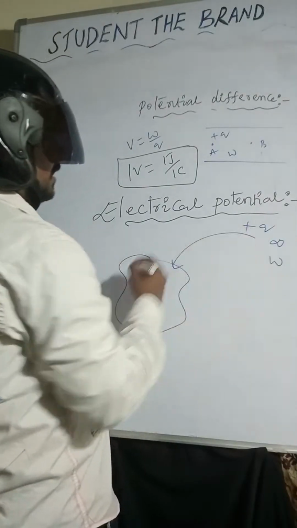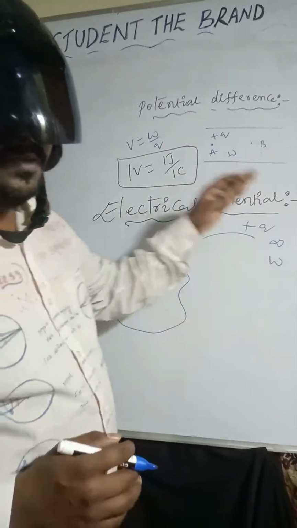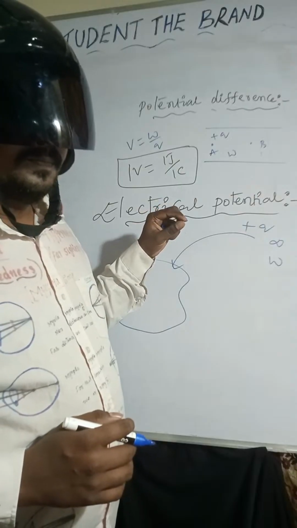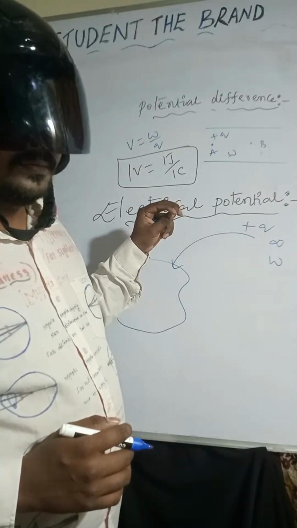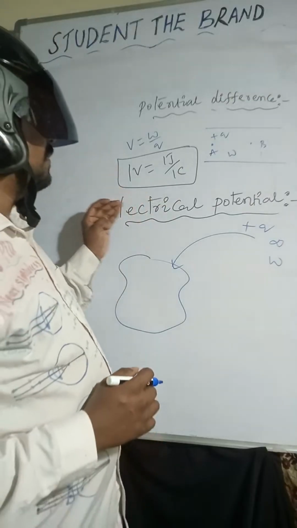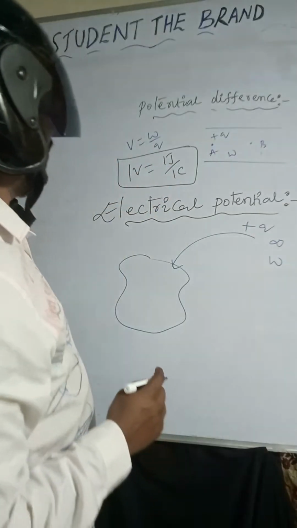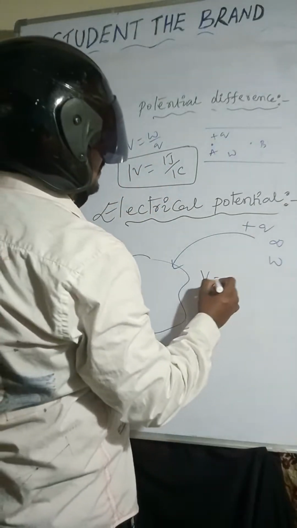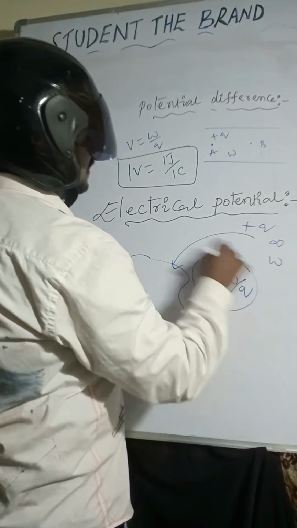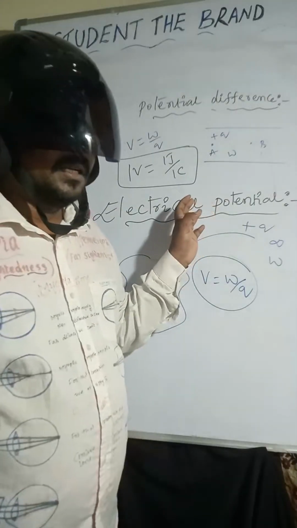That work done is called electrical potential. So V equals W by Q, the same W by Q. This is about potential difference and electrical potential.